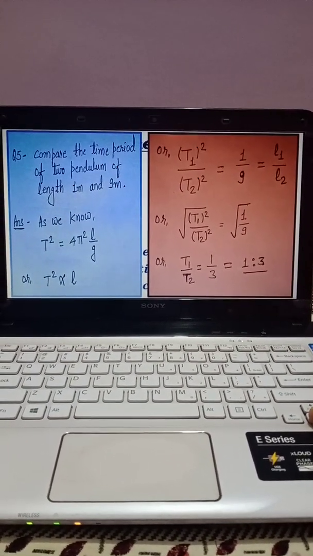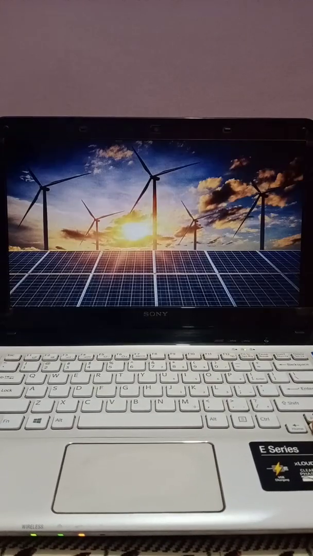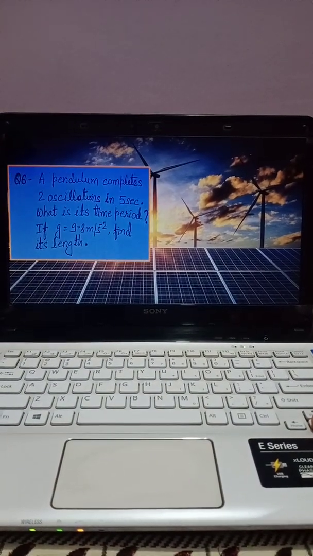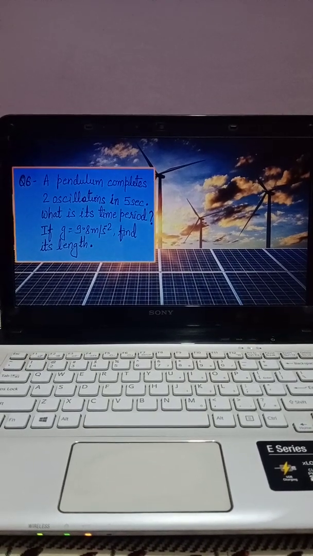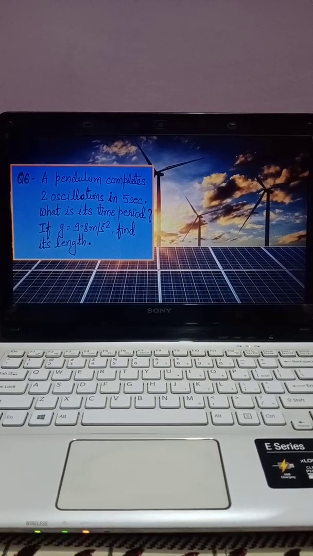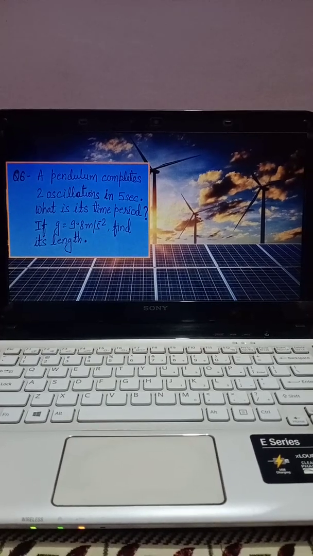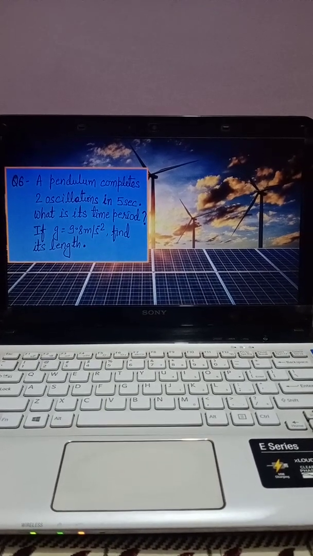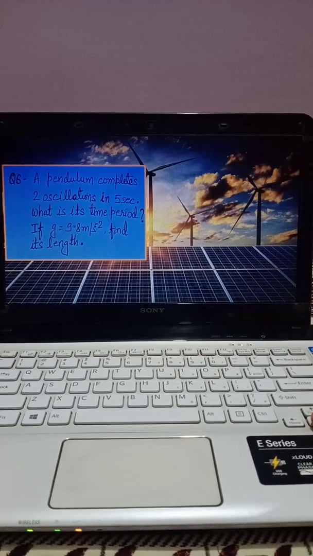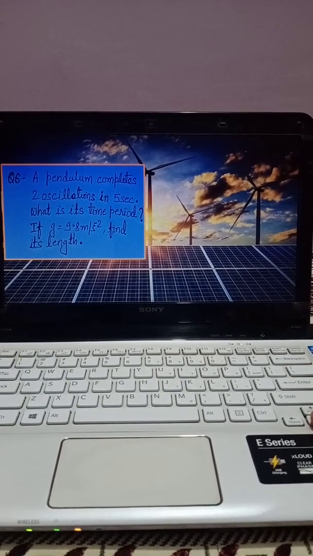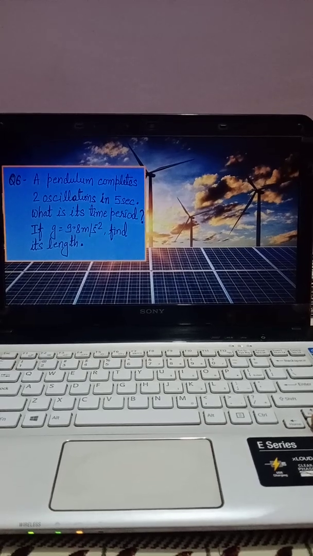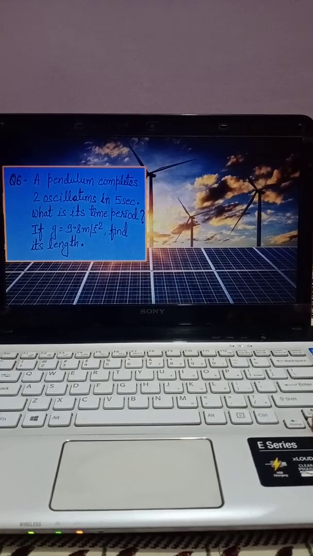Then the next numerical we are going to see here. A pendulum completes two oscillations in 5 seconds. Then what is its time period? If g is equal to 9.8 meter per second square, then we have to find the effective length.